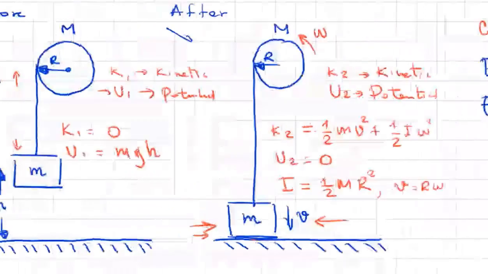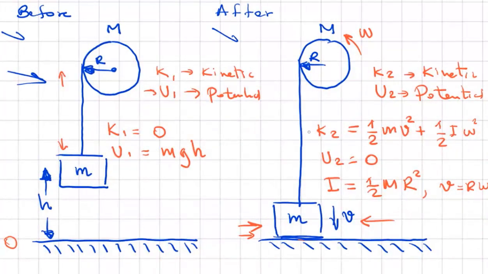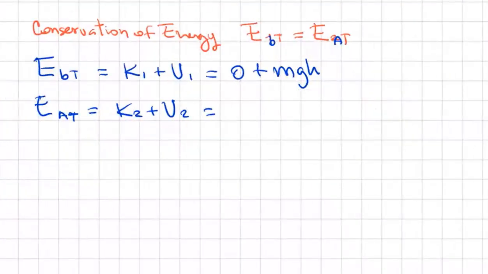But we know that on this part, the kinetic is this, and the potential is this. Okay? So we have 1/2 of the mass times velocity squared, plus 1/2 of the moment of inertia multiplying the angular velocity squared.